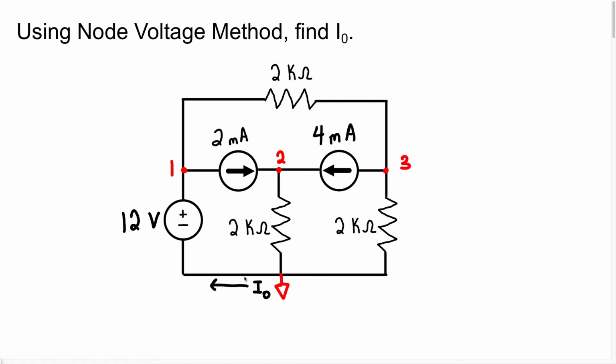Now let's begin to write the node voltage equations starting at node 1, right? They want us to find the voltage at node 1. Well, when we look at this, we know that we have this voltage source in a single branch by itself, which means the value of this voltage source is going to be the value of the voltage at node 1.